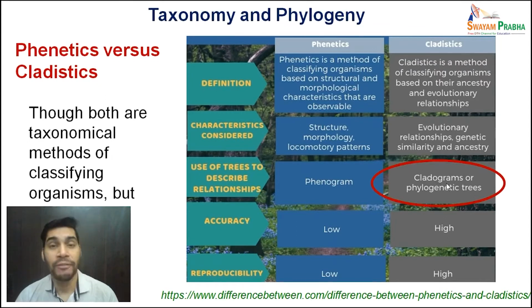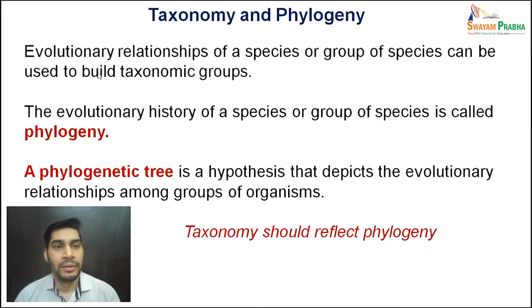That means we are going to discuss taxonomy in relation to evolutionary history. That means taxonomy and phylogeny connections through the phylogenetic trees. The evolutionary relationships of a species or a group of species can be used to build taxonomic groups.